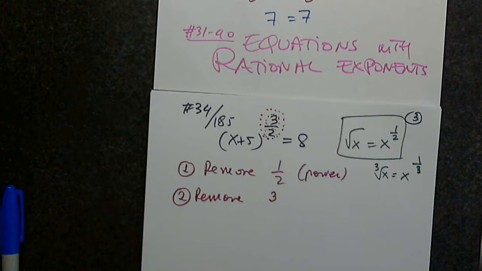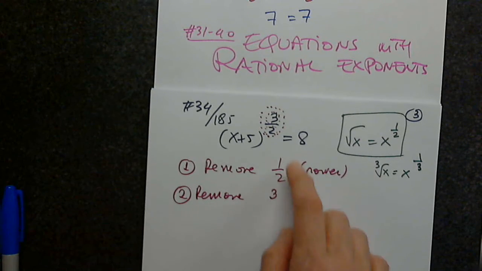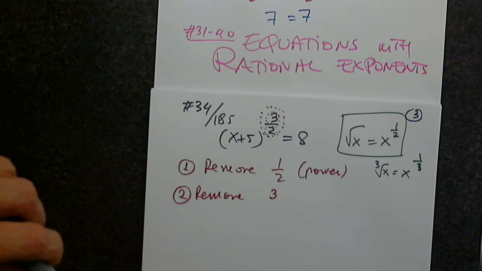Now I know in math we have the cube root and the square root. And some of your newer calculators may allow you to put in any index you want. That's possible, not in this software. So in order to remove the 3/2, I will have to do what to both sides?